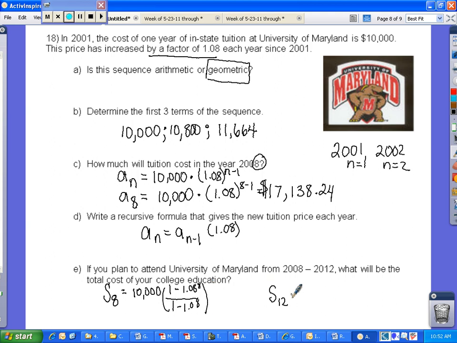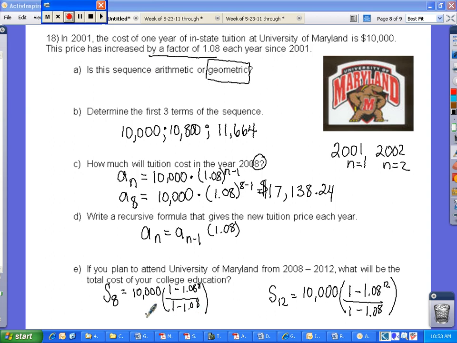Same thing for S12, but now I'm just going to replace that 8 with a 12. So it's going to be the same thing, 10,000 times 1 minus 1.08 raised to the 12th power over 1 minus 1.08 on the bottom.